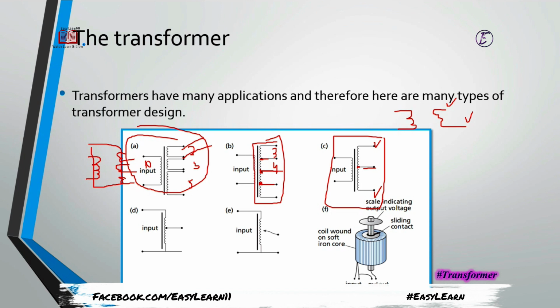This transformer is mostly used in the full wave rectifier and bridge rectifier for converting alternating current into direct current. This is already discussed in detail in the diode and application season 1 and season 2. You can go there and watch whatever you want and get the knowledge according to your needs.